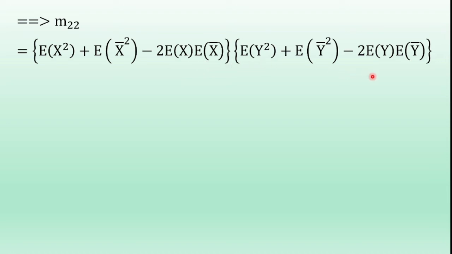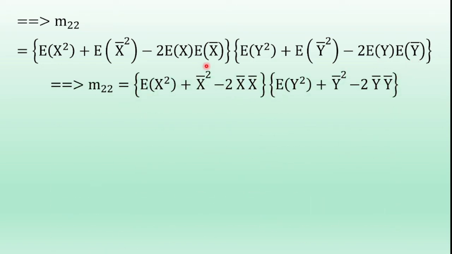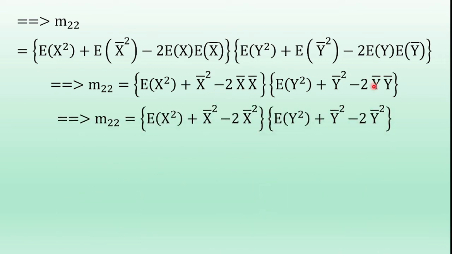The second term similarly gives the expectation of y square plus the expectation of y bar square minus 2 times the expectation of y into y bar. The expectation of x bar is x bar, and the expectation of x is x bar. Here also the expectation of y is y bar, and the expectation of y bar is y bar. So we get x bar square minus 2 x bar square plus x bar square, and y bar square minus 2 y bar square plus y bar square.